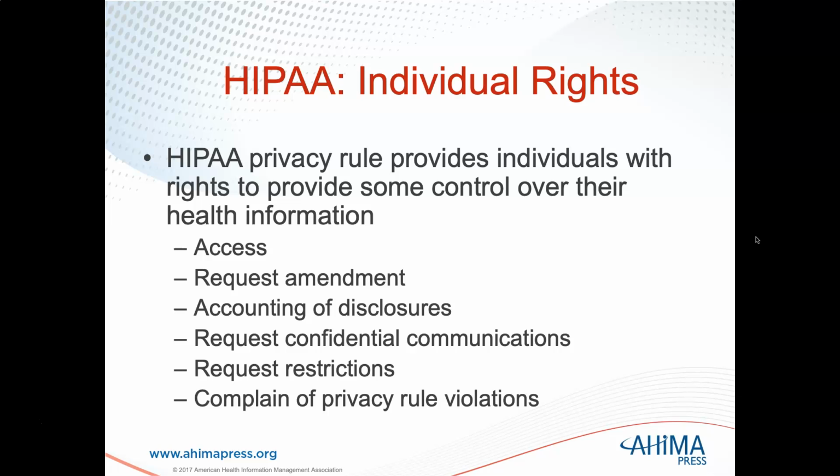You have to give patients the right to request confidential communications. They may not get a copy, but they can request it. Patients can also request restrictions, that maybe a family member is prevented from accessing their information, or they don't want it released to an old insurance company or that type of thing.